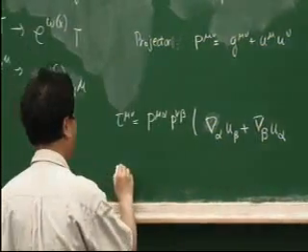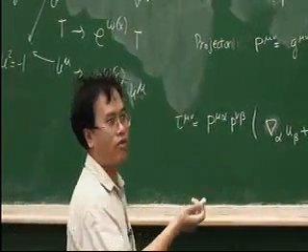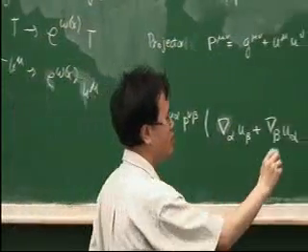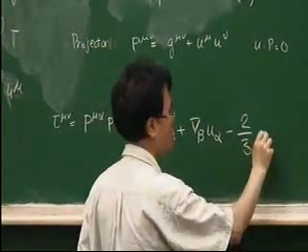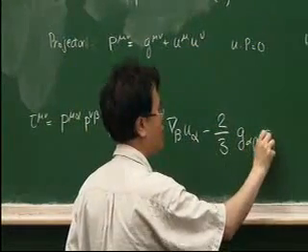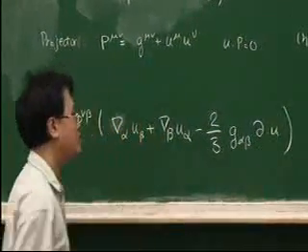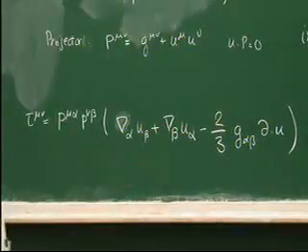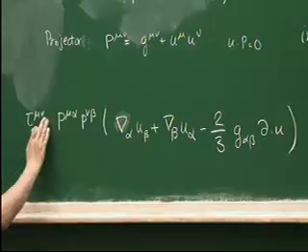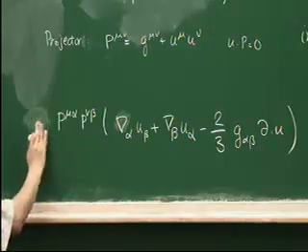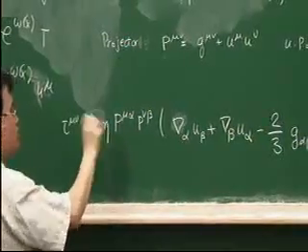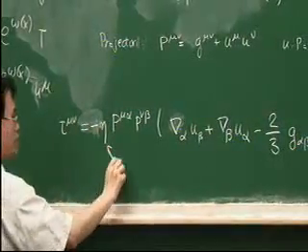And for the conformal, I will always consider conformal fluids, I have to make sure that it is traceless. One can easily see that the way to make it traceless is to subtract the trace. And there is one numerical coefficient in front of this expression that is called the shear viscosity.